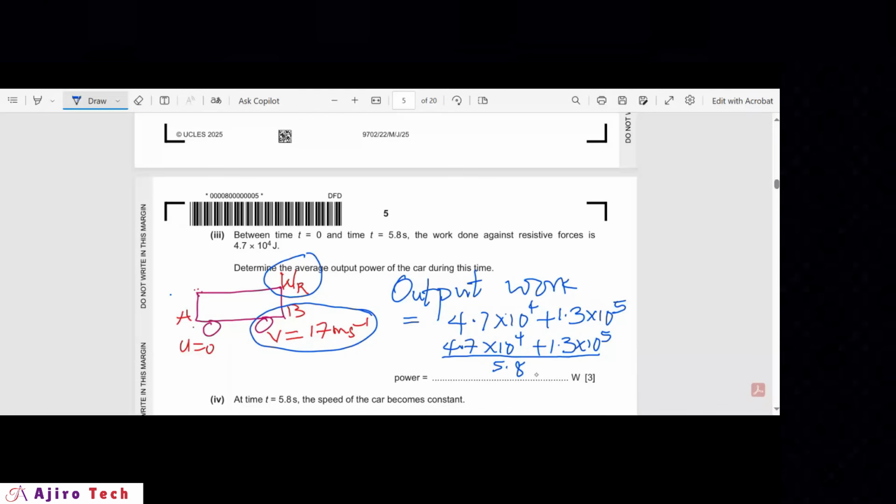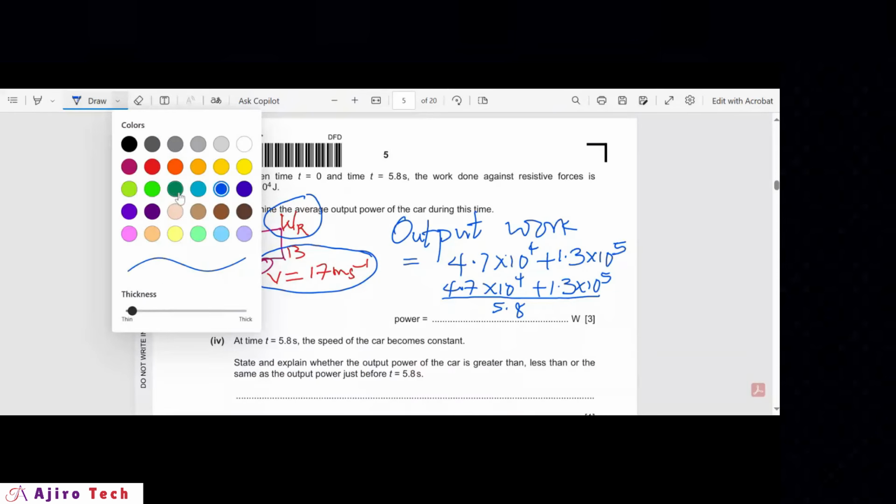So our answer will give us, let's see what's going to give. Use of the calculator. So it's going to give us 30517.2.